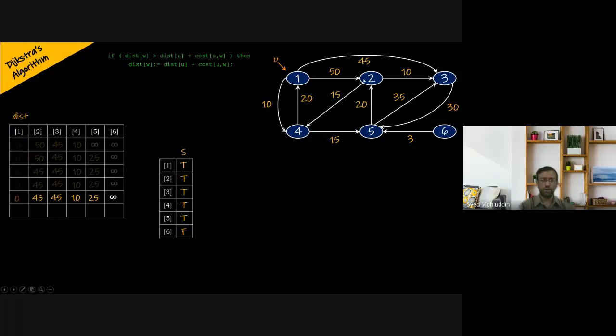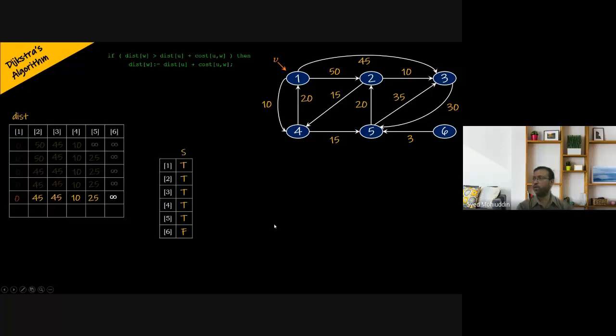From vertex 1 to vertex 2, the single source shortest distance is 45. From vertex 1 to vertex 3, it's 45. From vertex 1 to vertex 4, it is 10. From vertex 1 to vertex 5, it is 25. And to vertex 6, it is infinity.